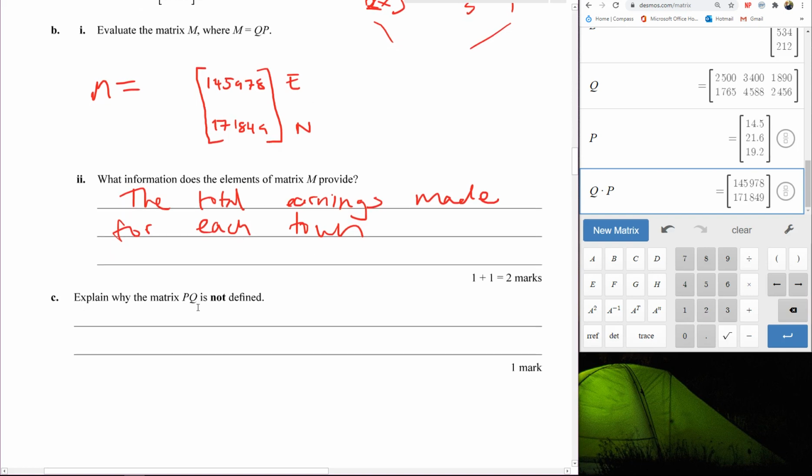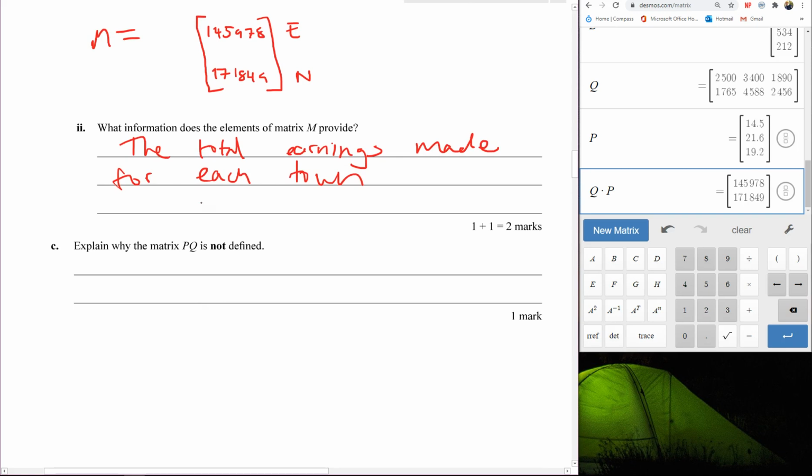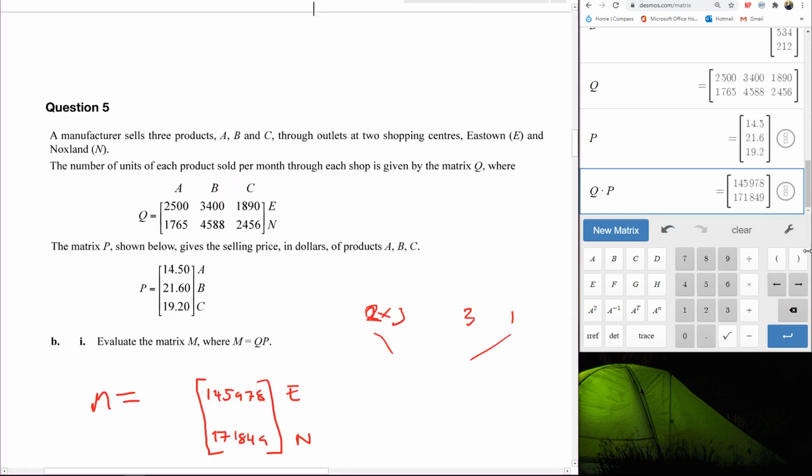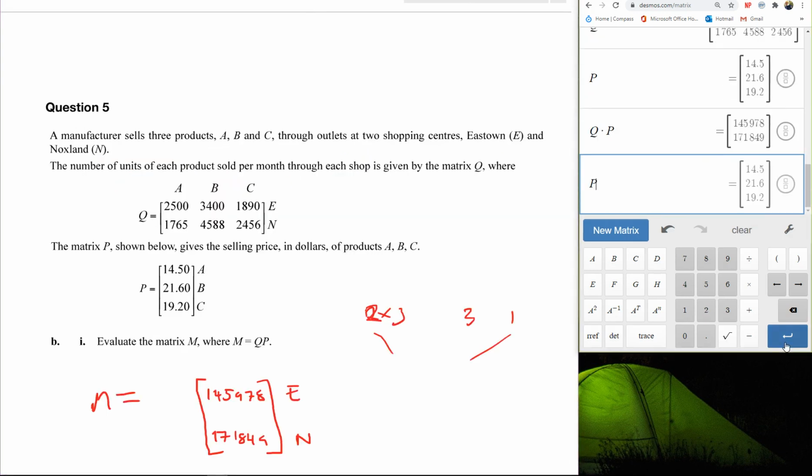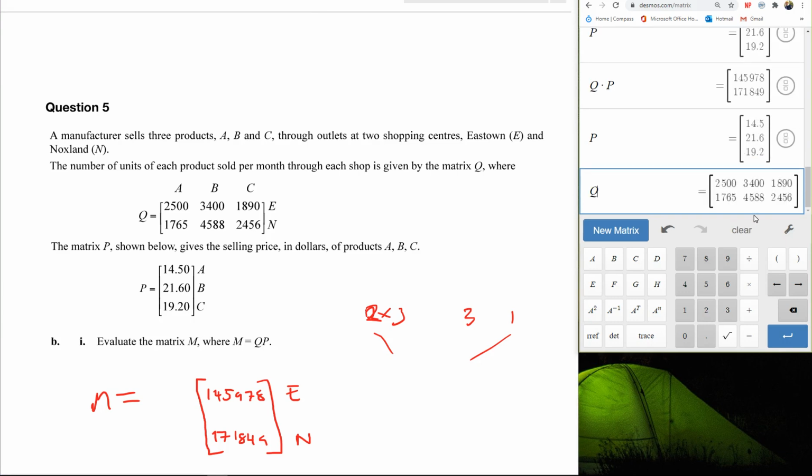Explain why PQ is not defined. If I try to do P times Q, remember matrix P has 3 rows, 1 column, and matrix Q has 2 rows and 3 columns.